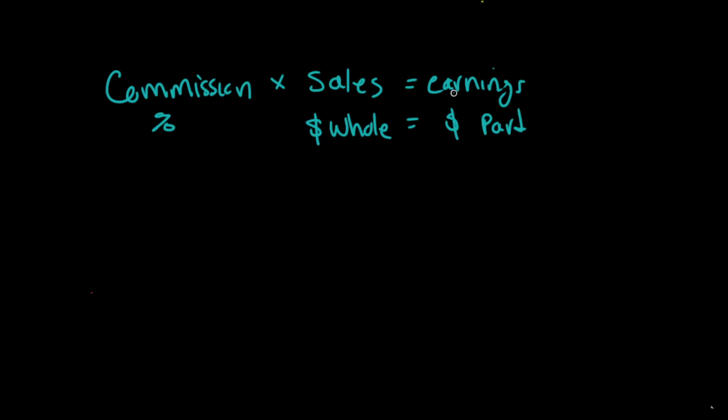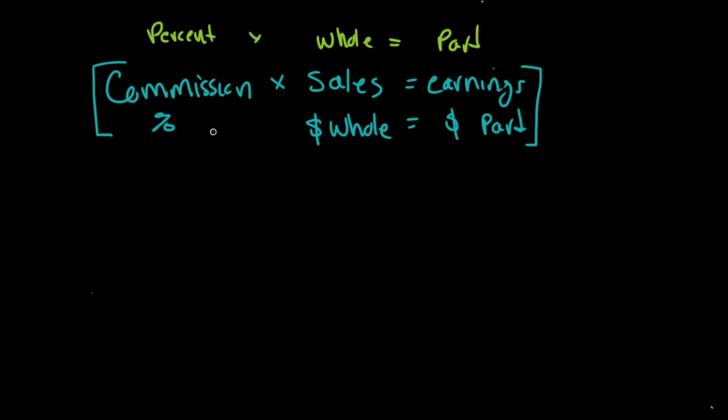And once again, this is our percent times whole equation. I'm going to put the percent times the whole equals the part. So when we go back to this equation, you can say that this car salesman or this furniture salesman or whatever it is earning a certain percentage of money, and the amount that they earn will be the part.